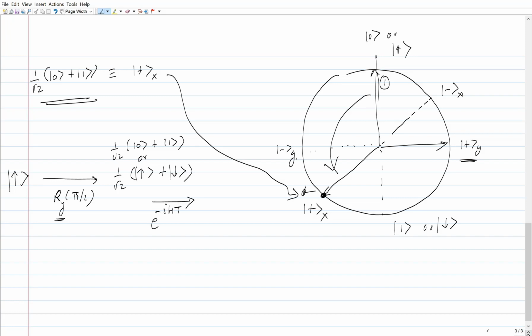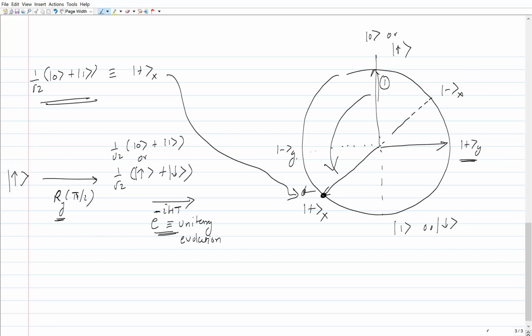So what does the action of this Hamiltonian do? It causes a unitary evolution by a time t by this Hamiltonian.